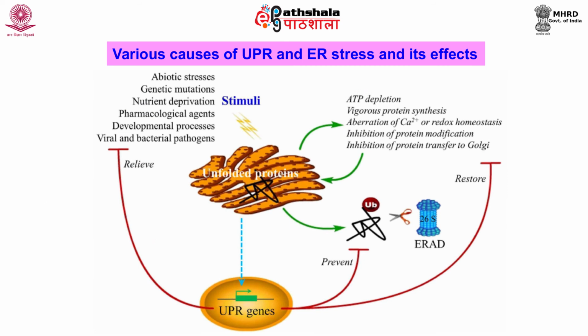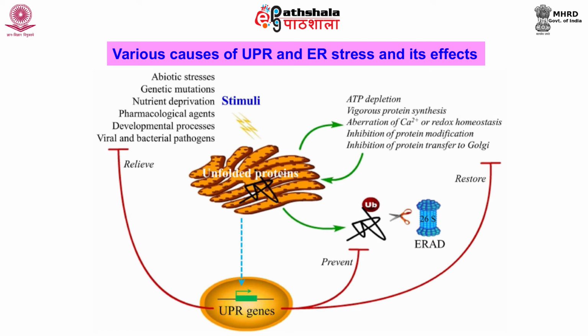You can see various causes of unfolded protein response and ER stress in the slide. Whenever there is an overload of unfolded or misfolded protein in the ER lumen, the condition is called ER stress. Disturbances of ER homeostasis cause ER stress that triggers the unfolded protein response.